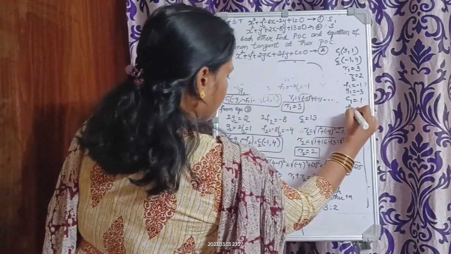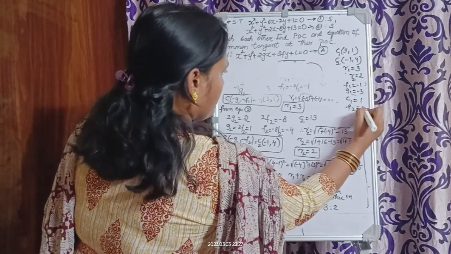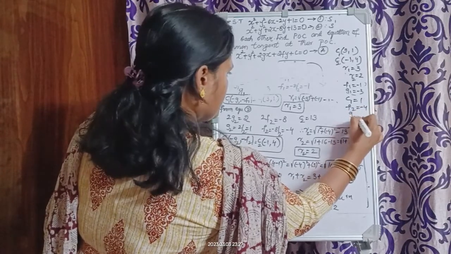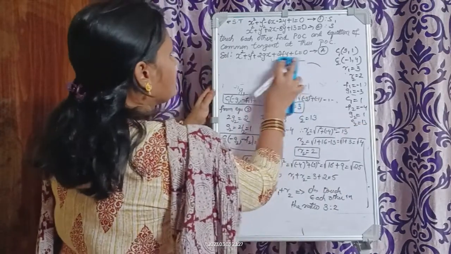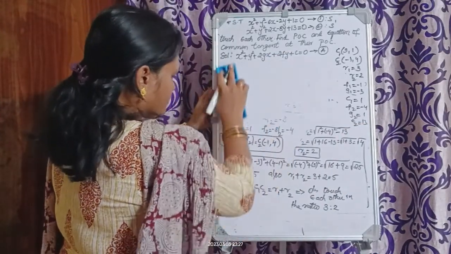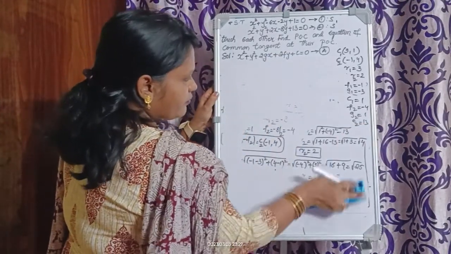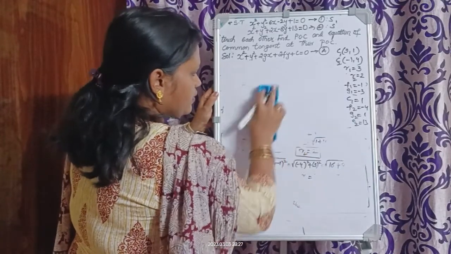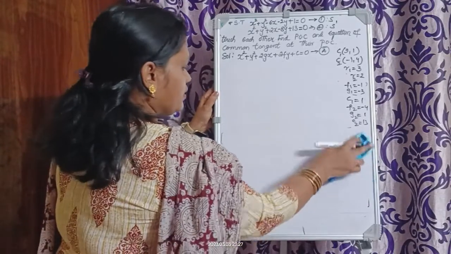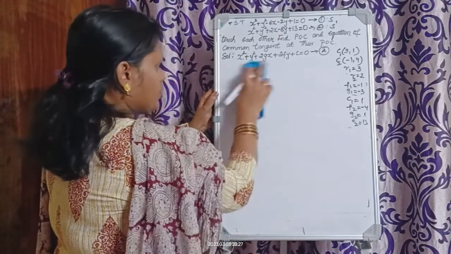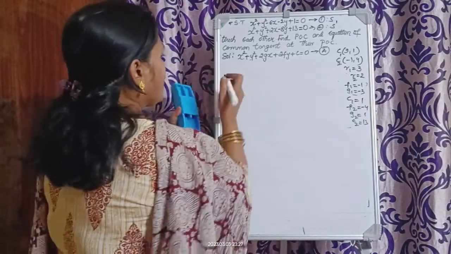Similarly, F2 is minus 4, G2 is 1, and c2 is 13, right? If you know the diagram perfectly, then you write the diagram, or else don't write the diagram, because if you write the wrong diagram, the entire problem they may not consider.